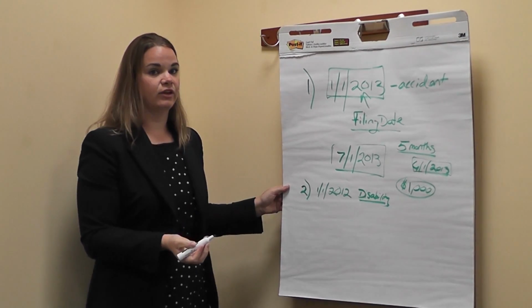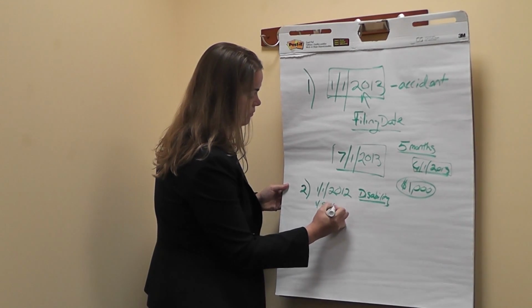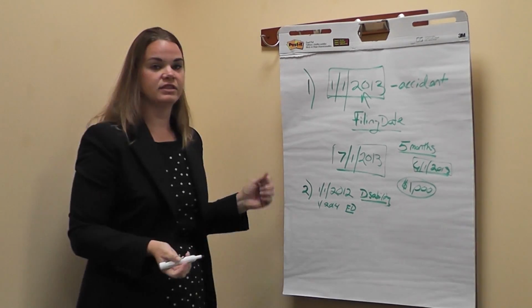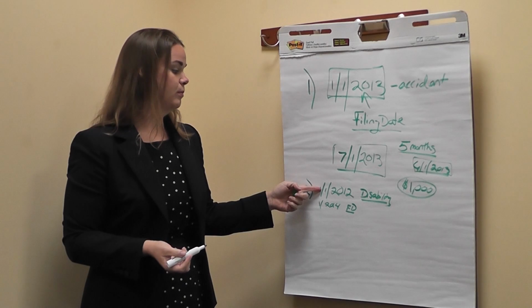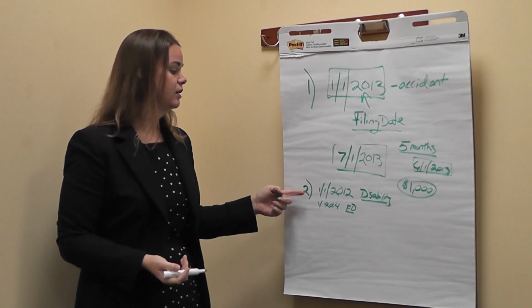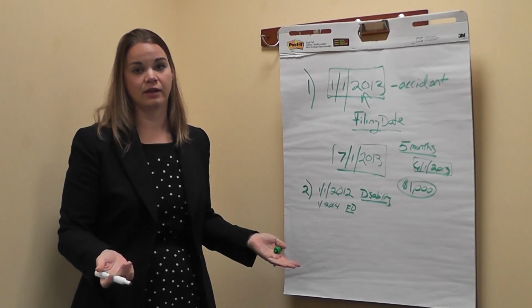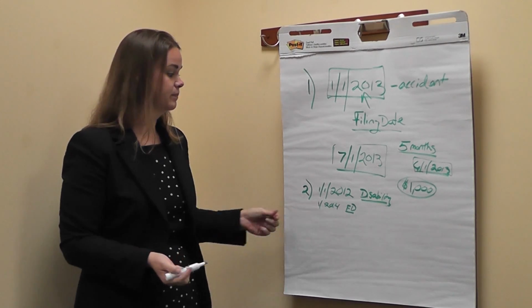Then you actually file your application in January 2014, okay? This is your filing date. A lot of times this happens because somebody is unable to work at this point, but they keep thinking they're going to get back to work. Then finally in January 2014 they realize they're just not going to be able to do it anymore, so they put in their application for disability benefits, okay?